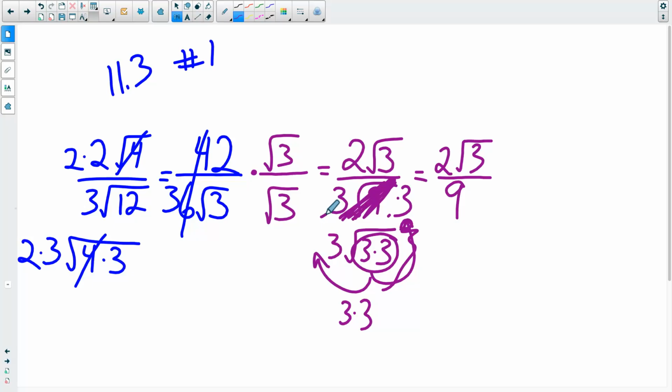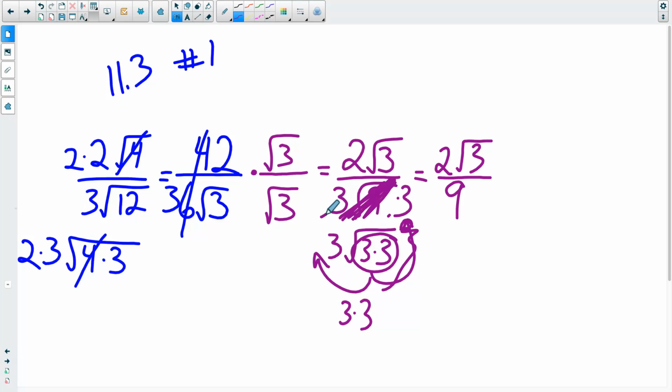Number 2, what are you going to times the top and the bottom by? What square root is in the denominator of your fraction? Square root of? For number 2.